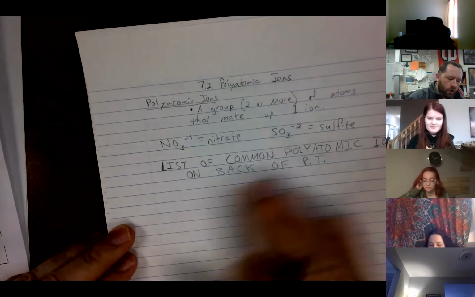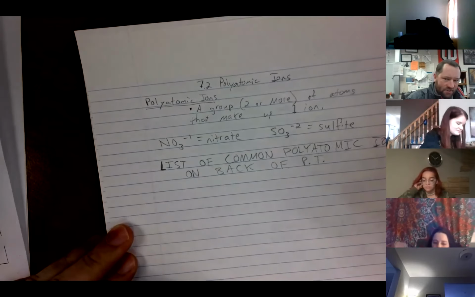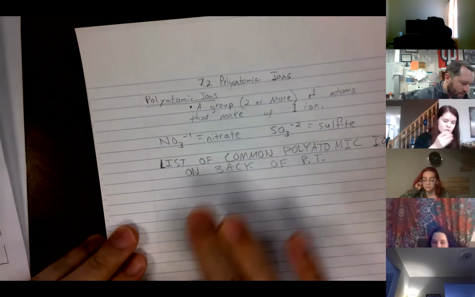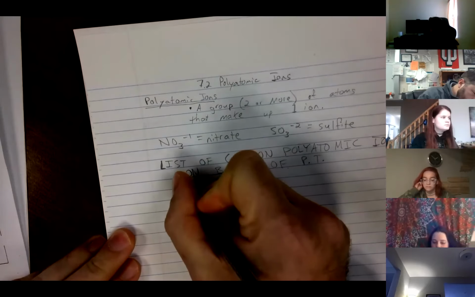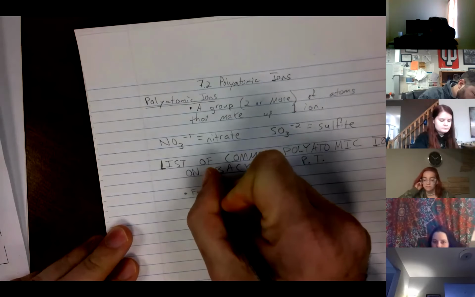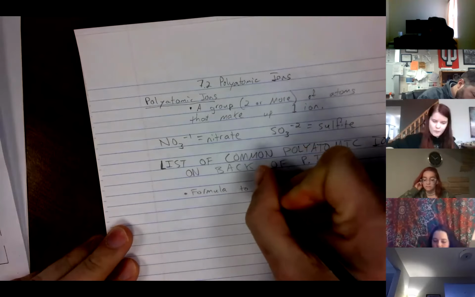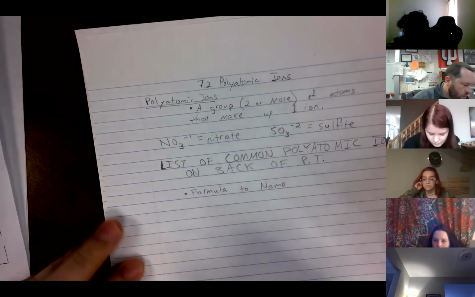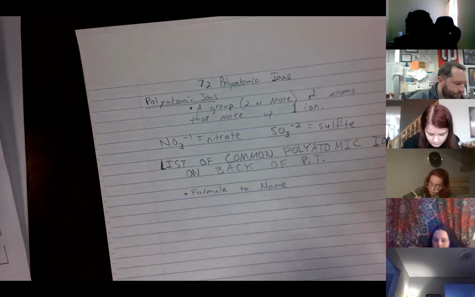All right, when we're naming with our polyatomic ions, this whole chapter is about naming. So that's what we're taking a look at. Let's start by going formula to name.